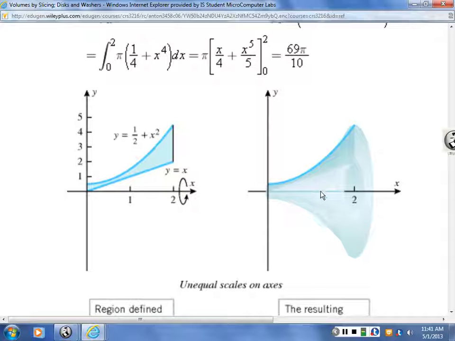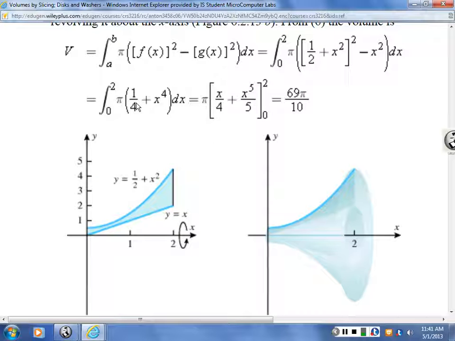So the height from the x-axis to the outermost function is 1/2 plus x squared. So to find the area, I take pi times this function squared minus pi times this function squared. And that's exactly what they're doing here. Pi times this function squared minus, and the pi is out front, this function squared.